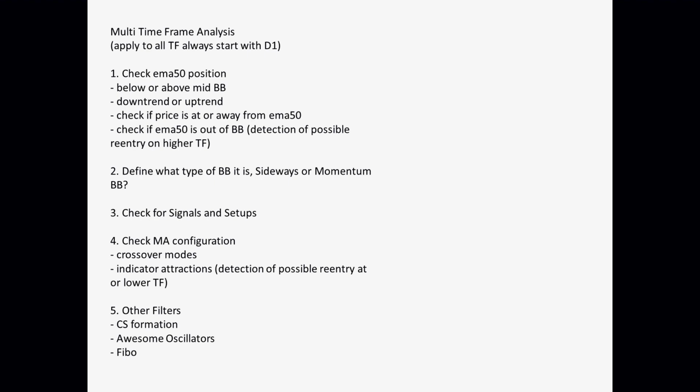Then the next thing you need to check is whether the price is at MA50 or away from MA50, because then you know where you're going after that. If it's at MA50, you need to look at a setup on a higher time frame. But if the candles are away from MA50, then you have to look for a setup on a lower time frame.